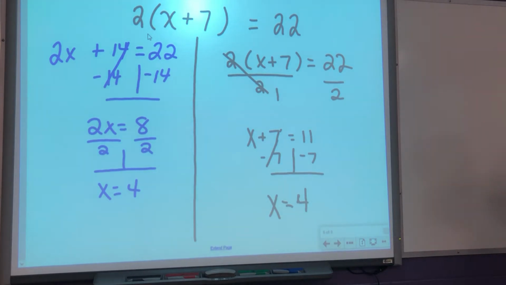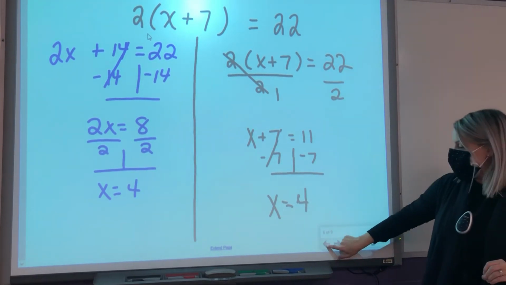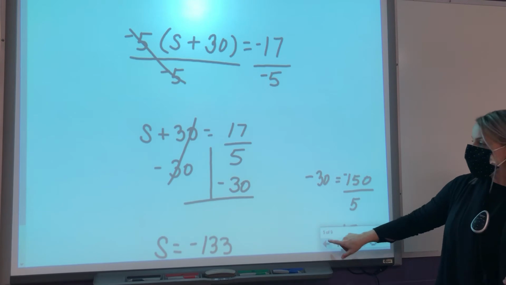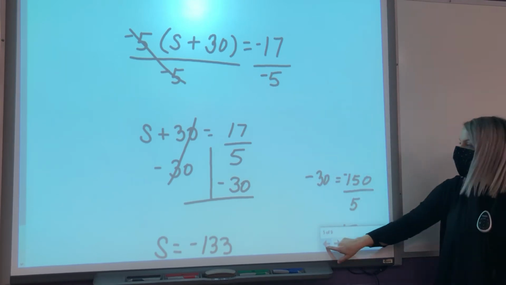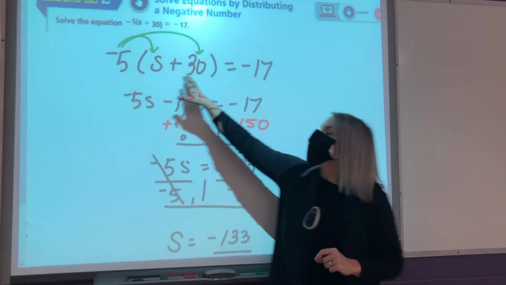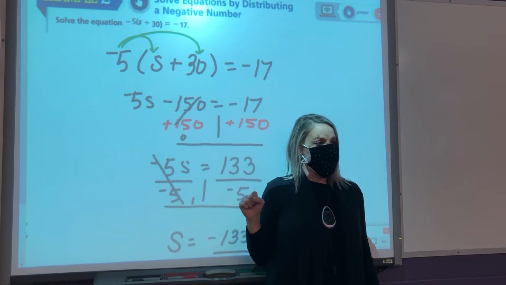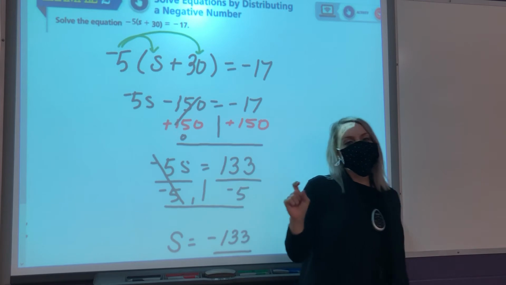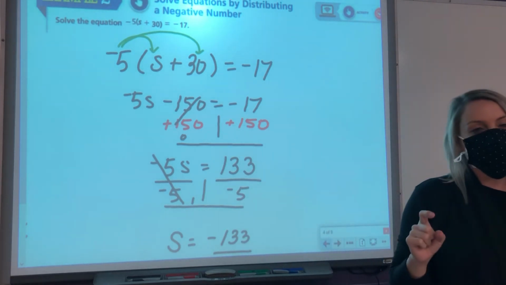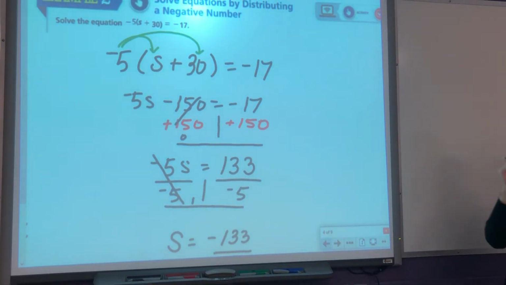When I look at these problems, when I saw this problem, my first thought was not to divide by 5. Why do you think when I looked at this problem, I said, ooh, I don't want to divide by 5 first? What gave me that thought?